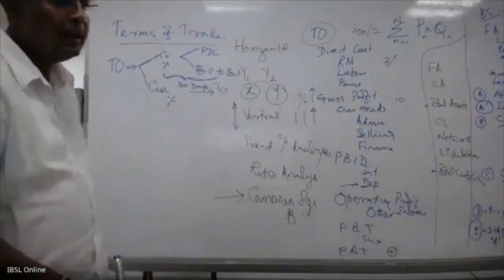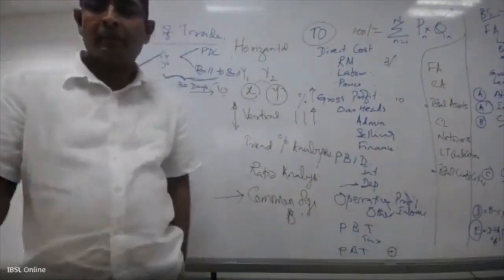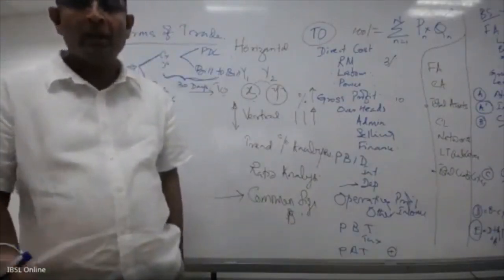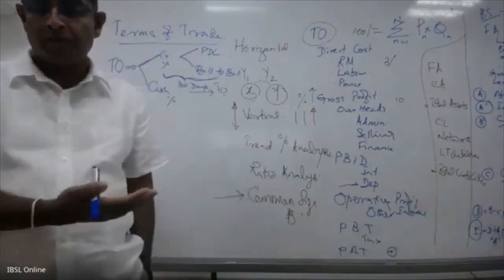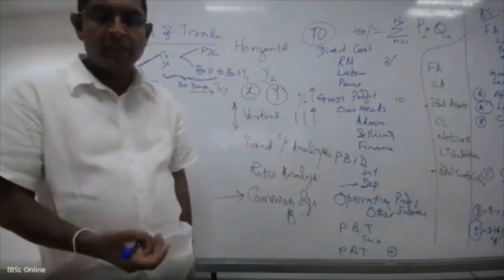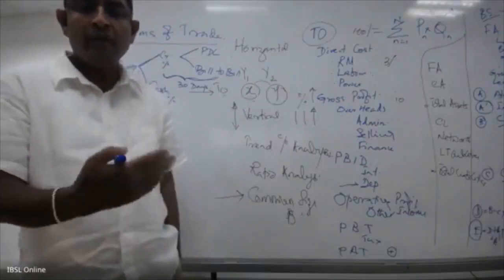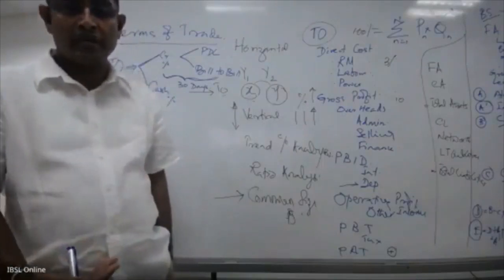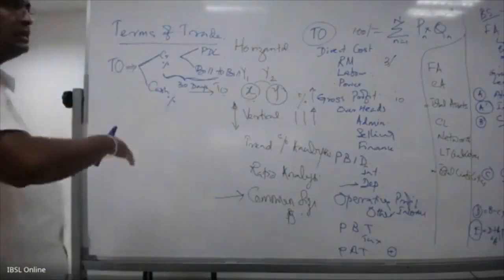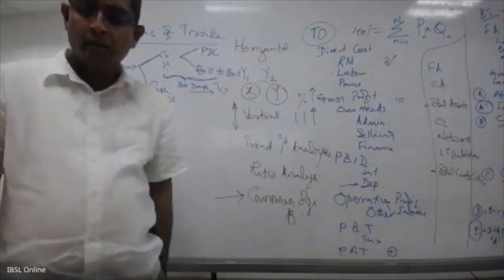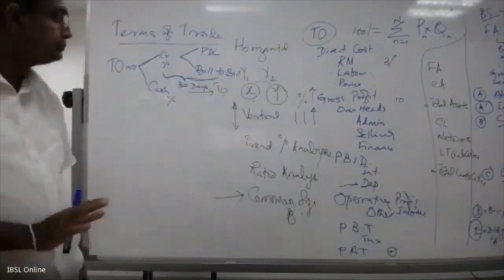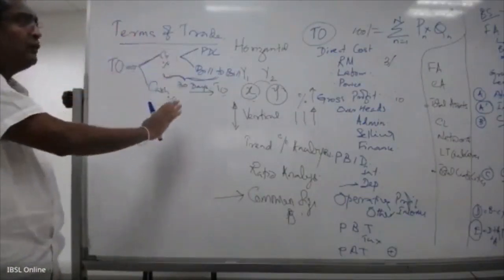When you go to the shop next time, if the shop is closed, you can't do anything because this is not a legal instrument. But if you take a check, it is a legal instrument. You can sue the customer based on this check. A post-dated check means any check which is dated in the future. So this is the terms of trade.